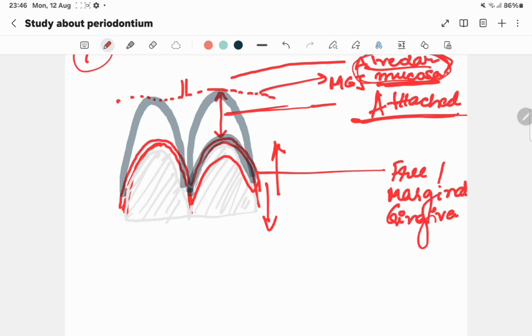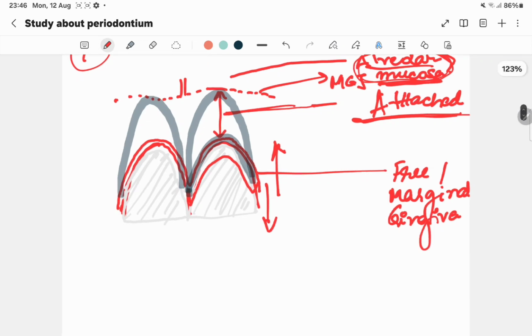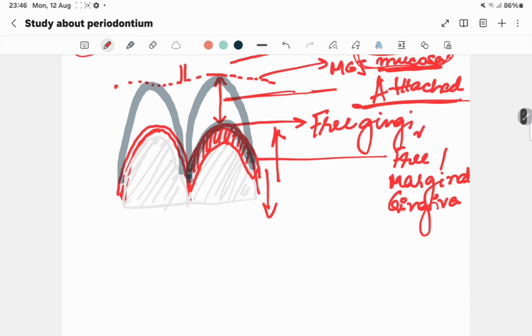So if this is your attached gingiva and this is your free marginal gingiva, then this demarcation is going to be a depression, and this depression is known as the free gingival groove.